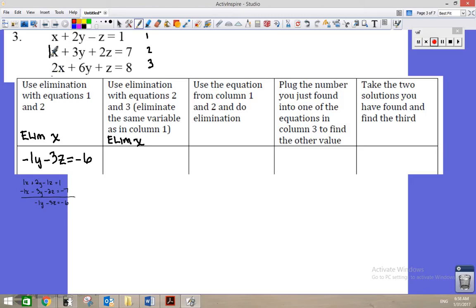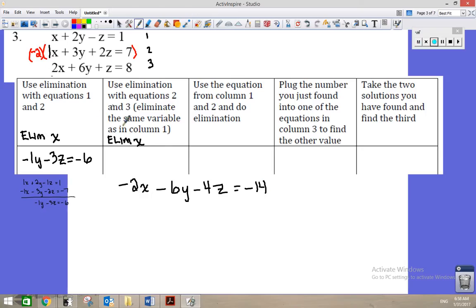Since I chose that one that had the 1 there, it's going to be easy for me to now make this 1 a negative 2 because here I have a positive 2. So I'm going to take that second equation and multiply everything by negative 2. I've got negative 2x minus 6y minus 4z is equal to negative 14.